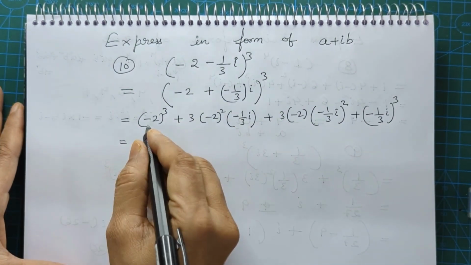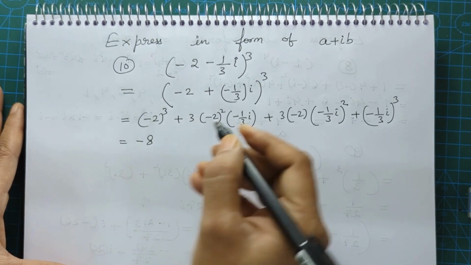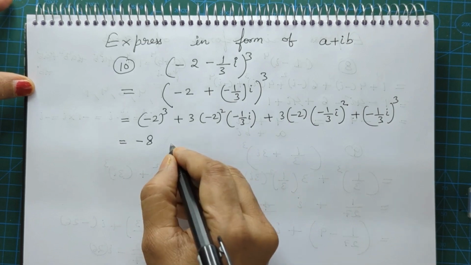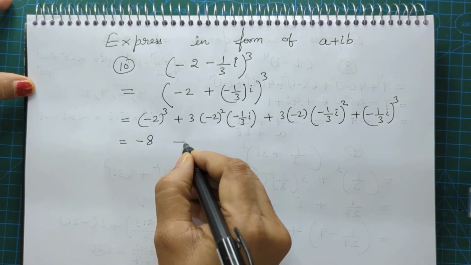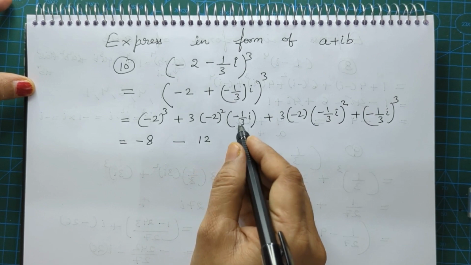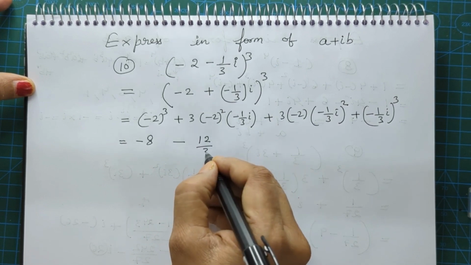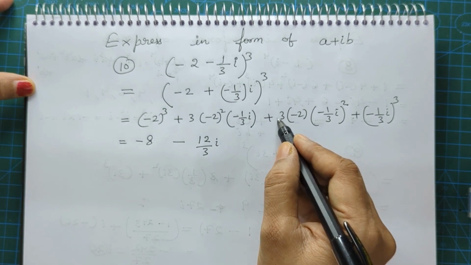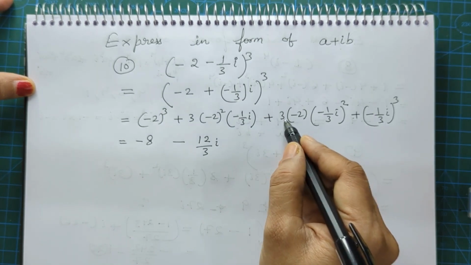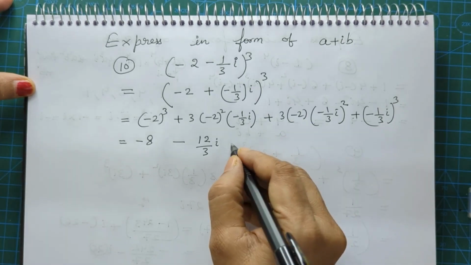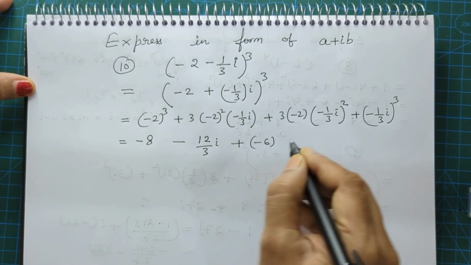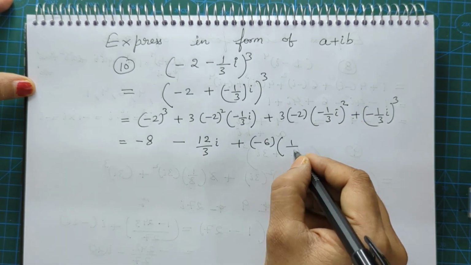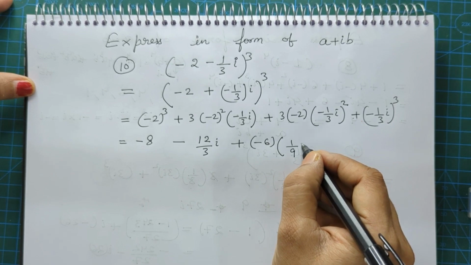Negative cube is negative, 2 cube is 8. Negative square is positive, 2 square is 4, 4 times 3 is 12. So plus of minus is minus 12 times 1 by 3i. This is negative 6, and here we'll go in stages: minus 6, and negative square is positive, 1/3 square is 1 by 9, I square is minus 1.